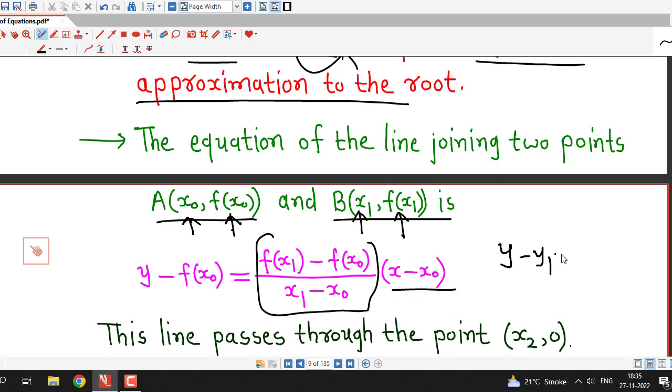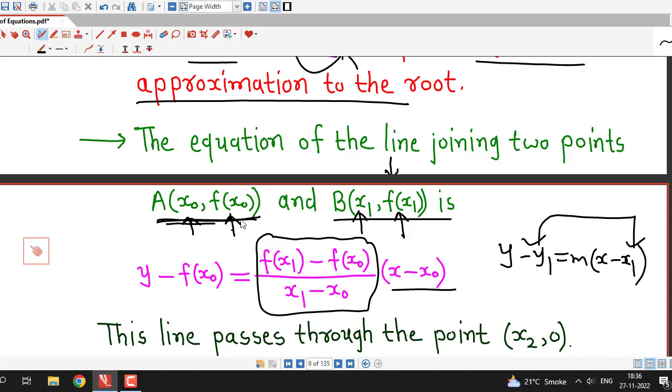Here I have used the equation y minus y1 equal to m times (x minus x1), and I have taken this point (x1, y1) as the point (x0, f(x0)). If you wish, you can consider the other point also, there is no problem. In both cases you will get the same answer.